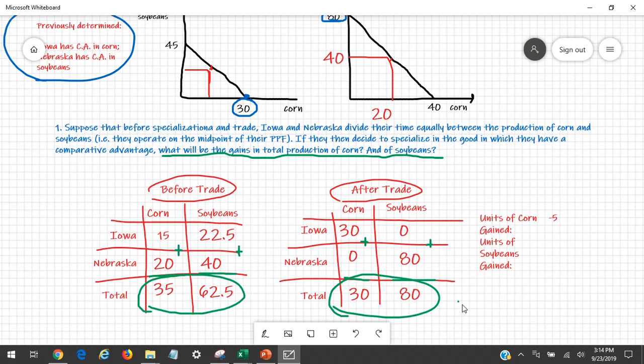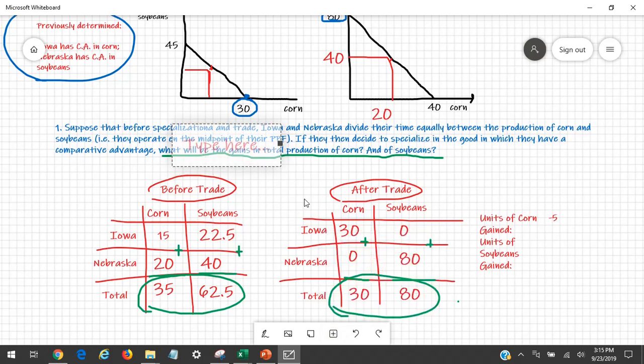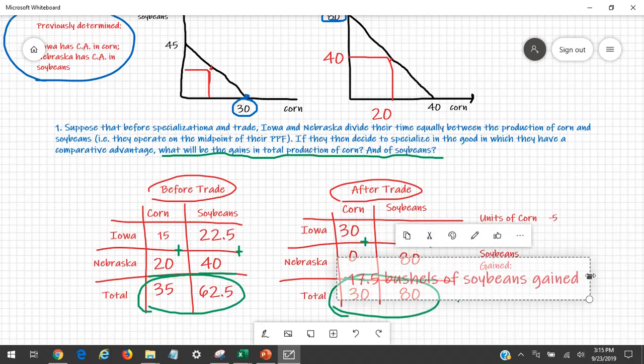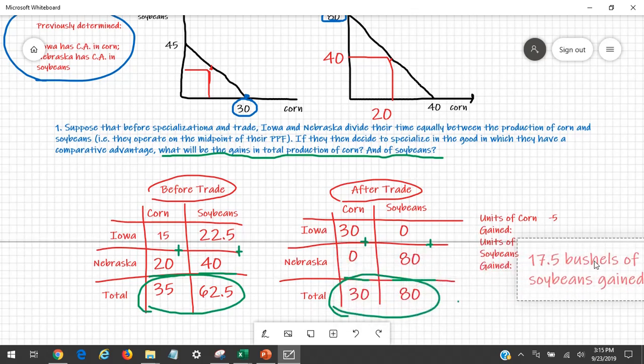Before trade, I only had 62.5 bushels of soybeans, but after trade, there will be 80. So 80 minus 62.5 gives me a difference of 17.5 bushels of soybeans. So the answer to that second part of the question would be 17.5 bushels of soybeans were gained as a result of specialization and trade.